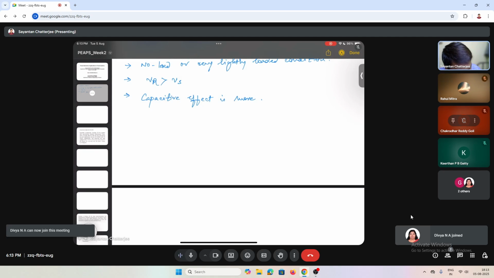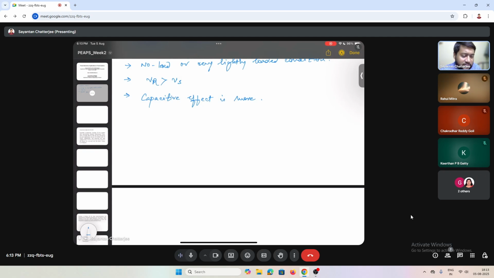You can see, I'm writing down for the lossless transmission line. This is the receiving end voltage, right? Let's say VR. Let's write from the sending end, considering the receiving end as the reference, VS equals A VR plus B IR, right?